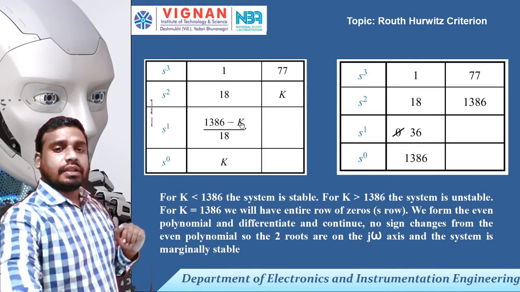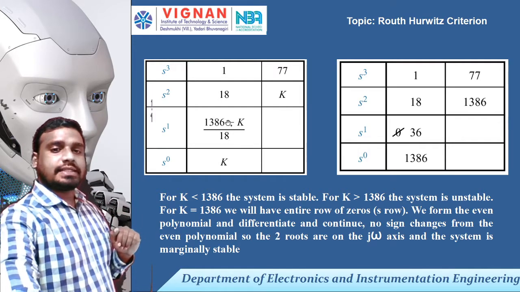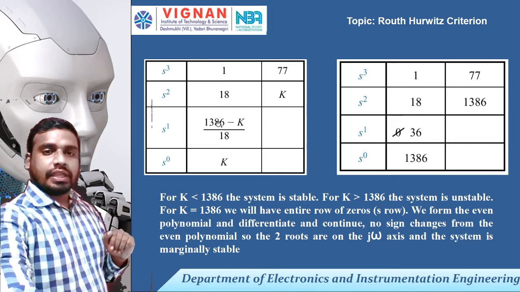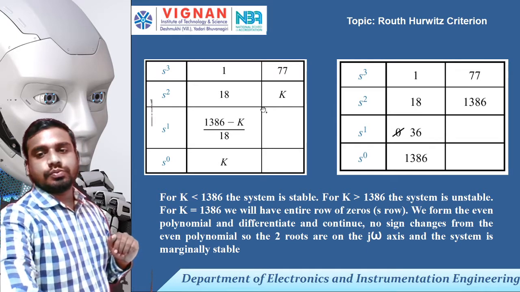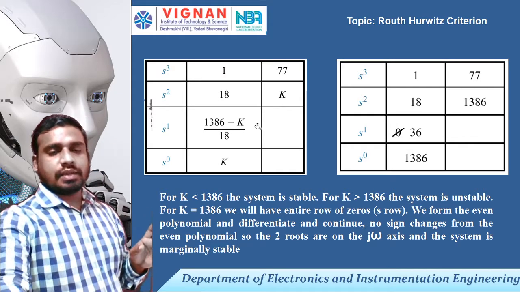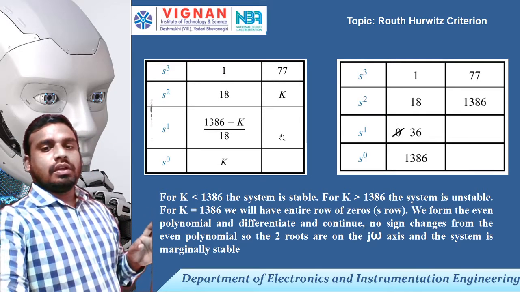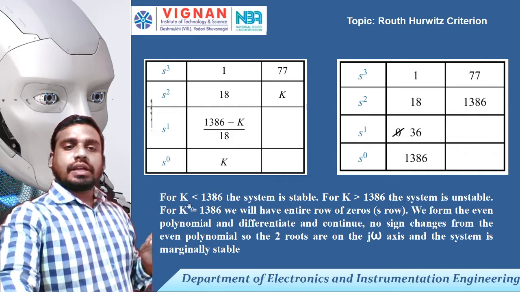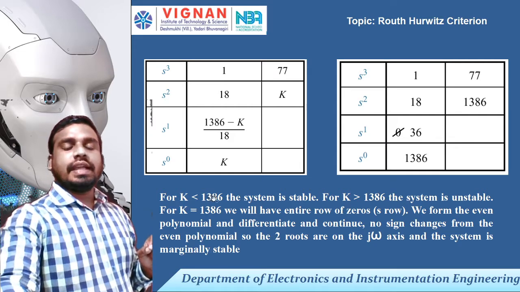So you can take it here. Substitute k equal to 1386. So here the whole row becomes zero, right? Whole row becoming zero means the system is not stable. Then what if your k value is greater than 1386?